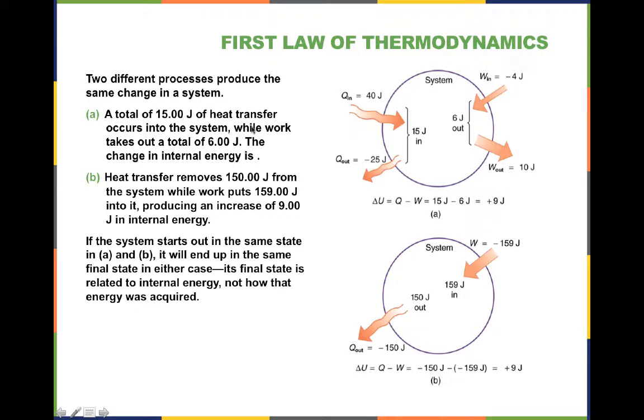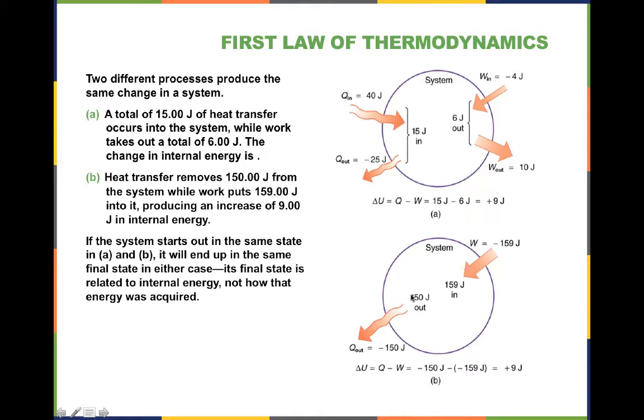And at the same time, the work performed is a total of 6 joules, which is 10 joules output and 4 joules input. So the total is 6 joules of output. So delta U here is going to be 15 minus 6, or positive 9. So the internal energy increases by a positive 9 joules.